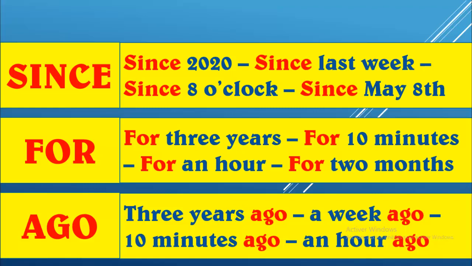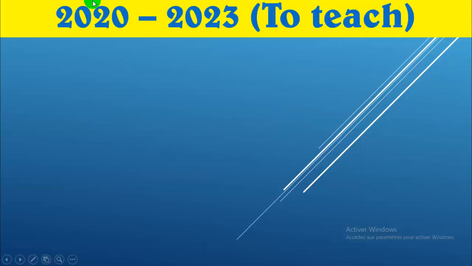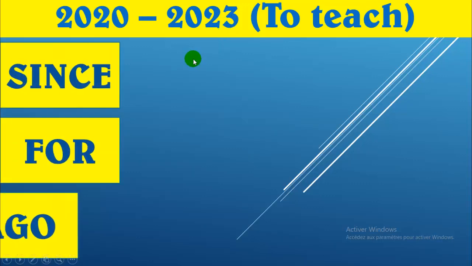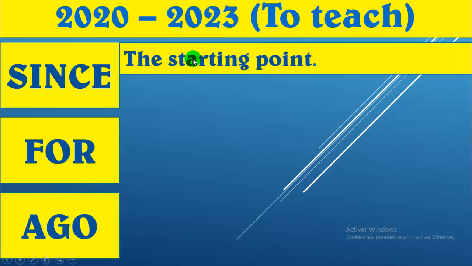In details, here is a situation. Action is to teach. I started teaching in 2020 and now we are in 2023. So, since, for, ago. The starting point.